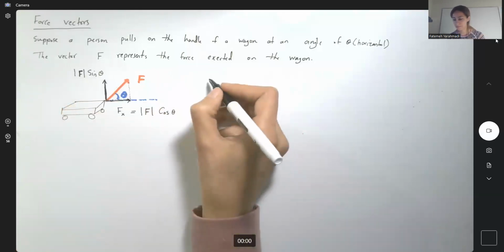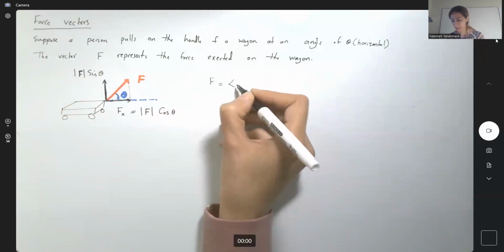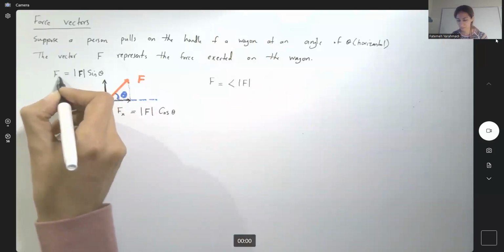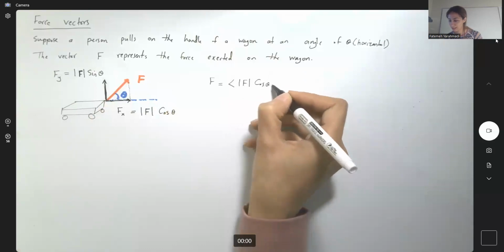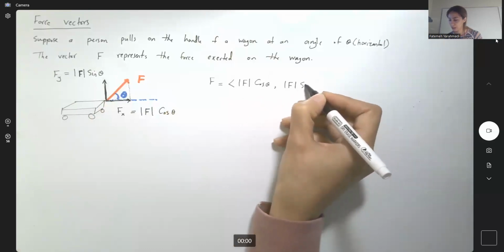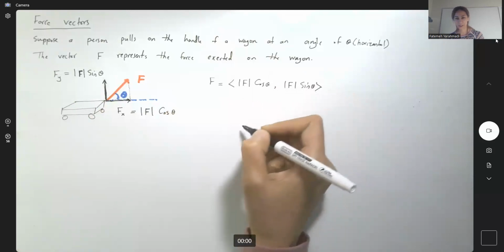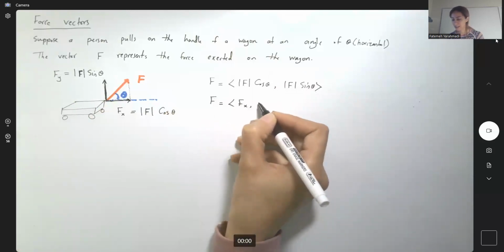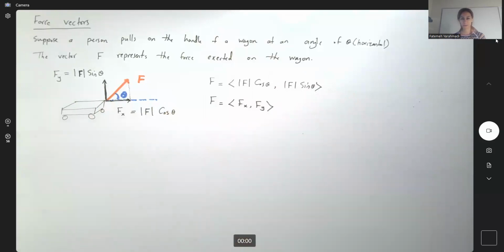So basically this vector F has two components, magnitude of F times cosine theta and magnitude of F times sine theta. Or basically your vector can be represented by F of x and F of y.